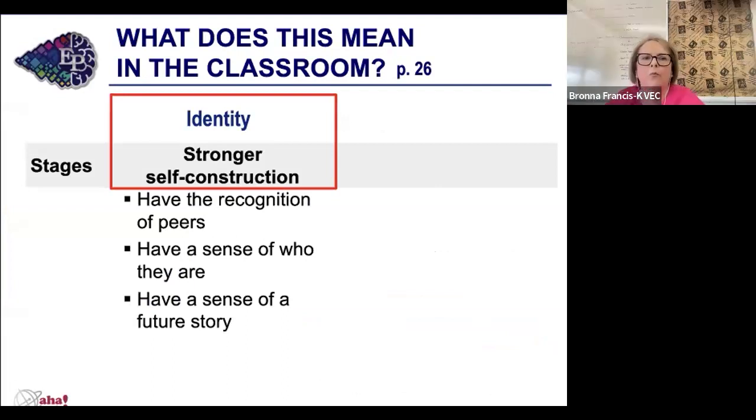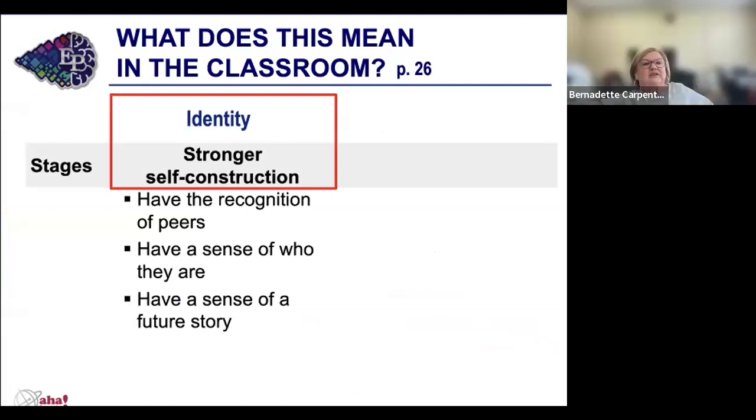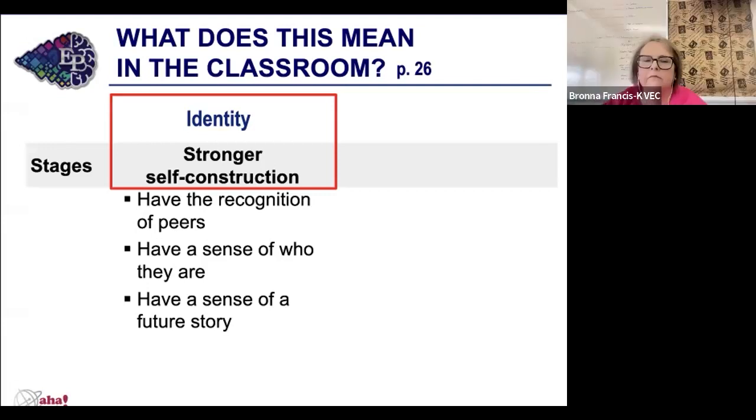So what does this mean in the classroom? Exactly. In this, the identities, they need stronger self-construction. So if they have that, they have the recognition of peers, peers are looking at them. And we kind of went through this a little bit ago, but they have a sense of who they are, a sense of a future story.